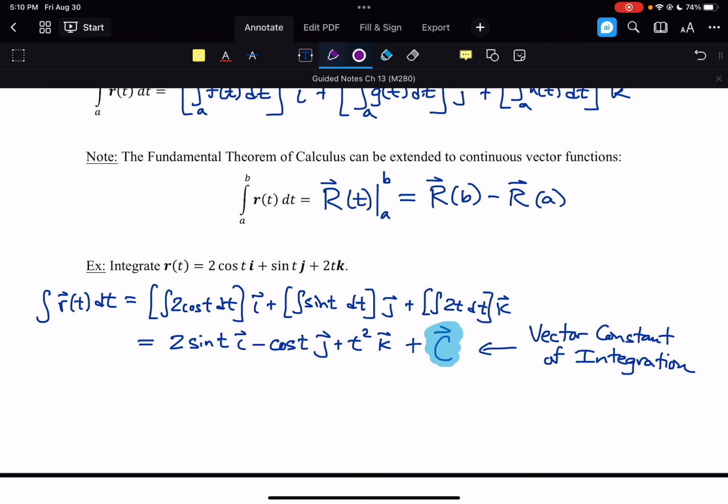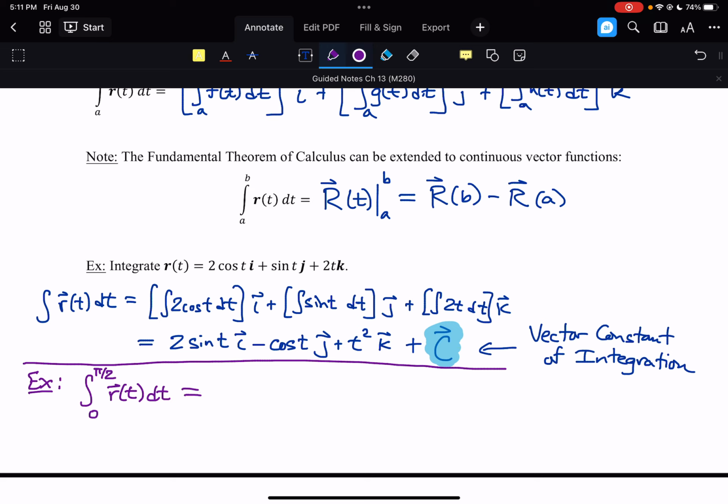Now, if this had been a definite integral, I want to look at a little follow-up example related to this one. What if we had the integral from 0 to pi over 2 of r of t dt? So what if it was a definite integral instead?